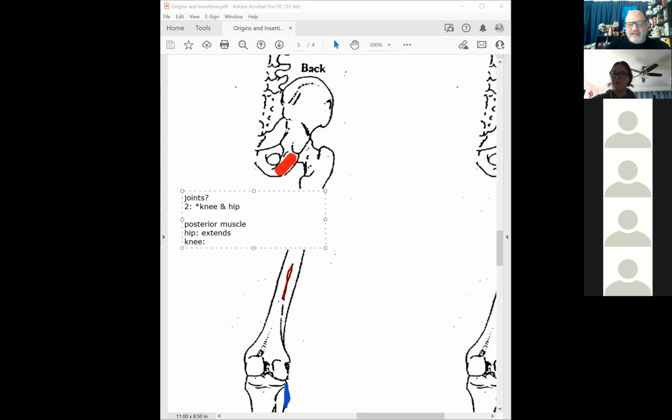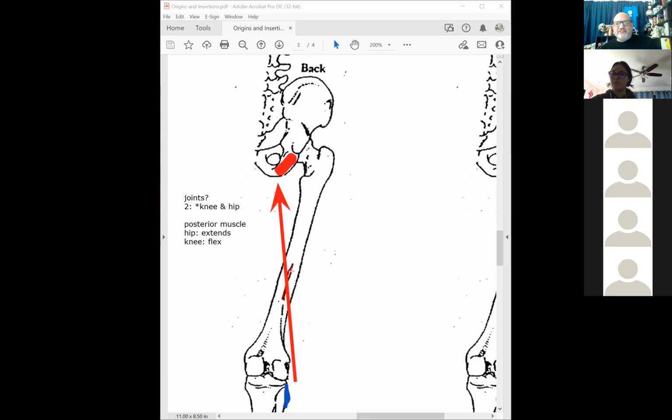Flexion. Yeah, remember, because the knee is backwards. The knee is going to flex. So it flexes the knee and extends the hip. Excellent. But notice also that as it's pulling the insertion towards the origin, it is also going to twist the leg.